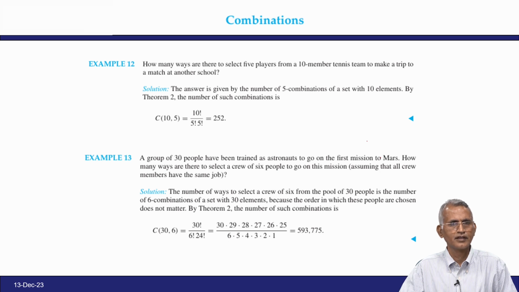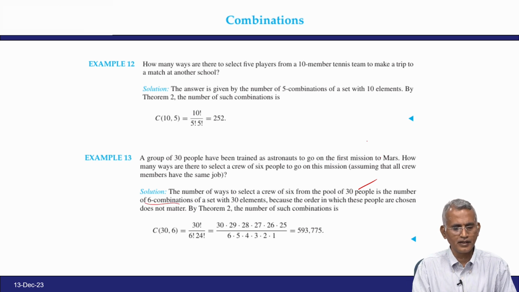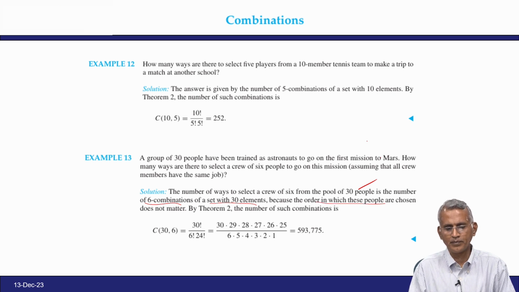The solution: the number of ways to select a crew of 6 from the pool of 30 people is the number of 6-combinations of a set with 30 elements, because the order in which these people are chosen does not matter.